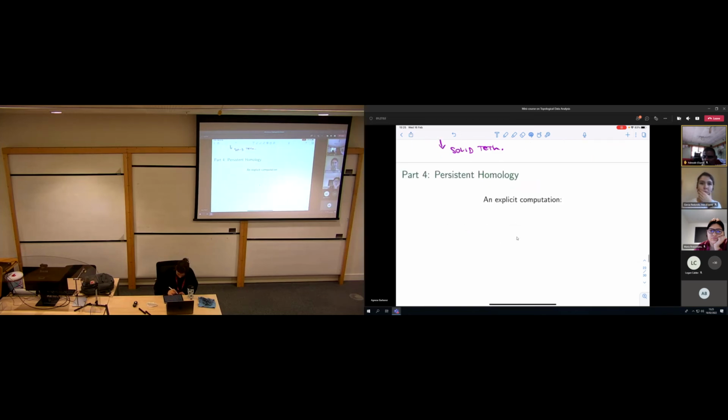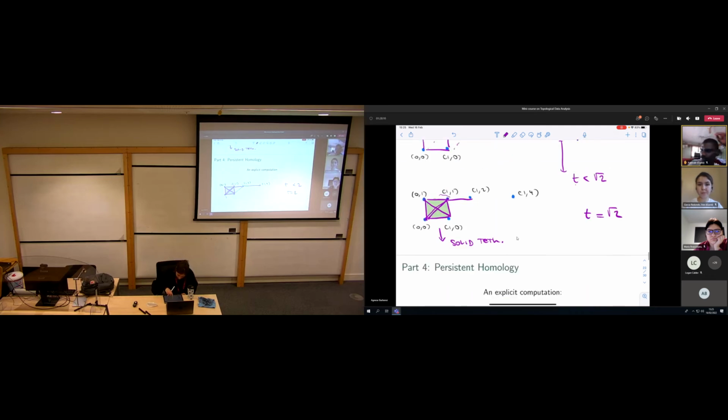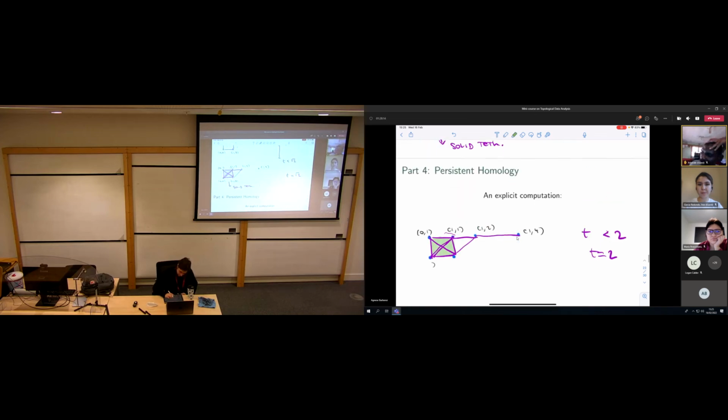Then, again, until t less than 2, nothing happens. At t equal 2, I have a bunch of things to add. I have this thing here. Oh, I should have added this as well before, and the corresponding simplex. So I have something that looks like a solid ball on this side here, plus a triangle.